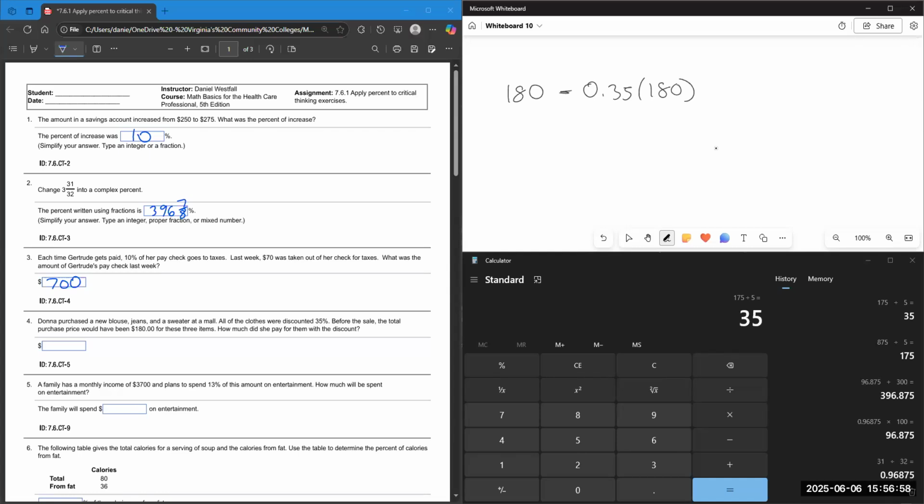That's the same thing as 1 minus 0.35, which is 0.65, times 180. If she got 35% off, she paid 65% of the original price. So she paid $117.